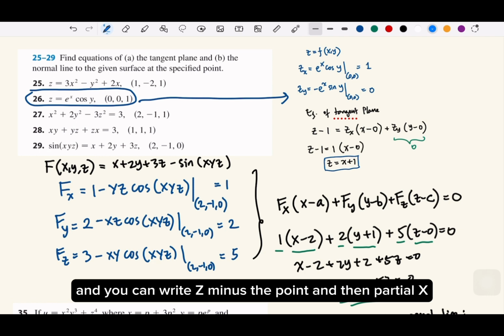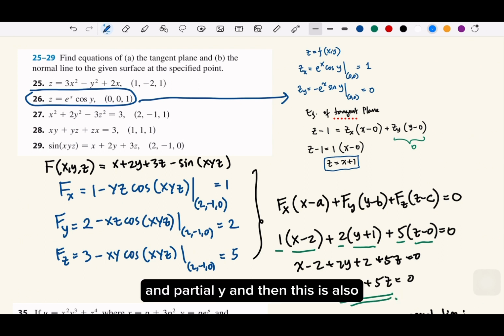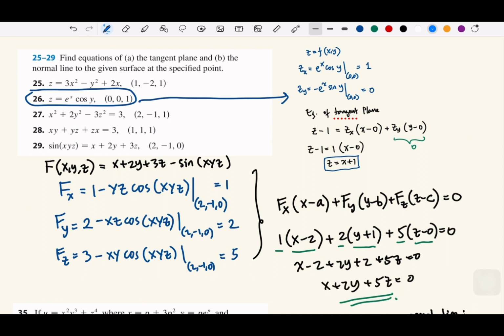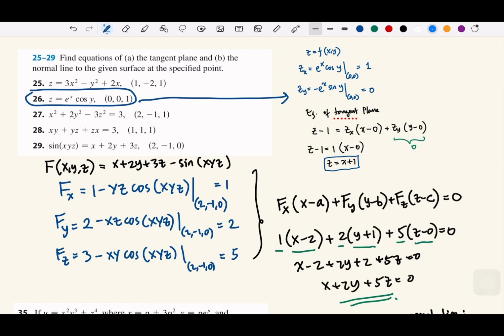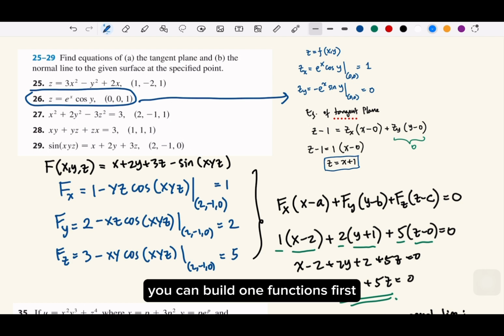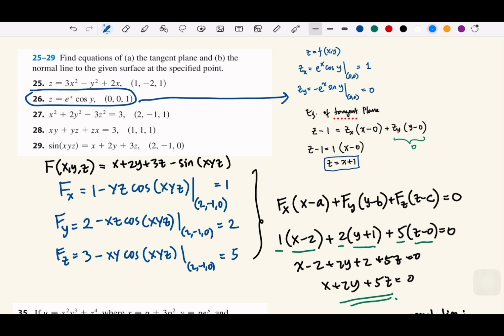You can write z minus the point, and then this is partial x and partial y, evaluated at the point, right? Or you have three variables. When you have three variables, you can build one function first that expresses these three variables, and then take partial derivatives with respect to x, y, and z. This partial will be put into this tangent equation.